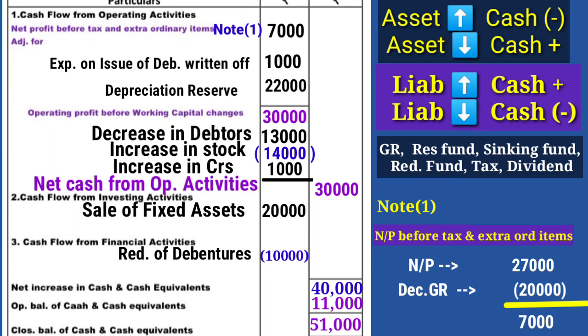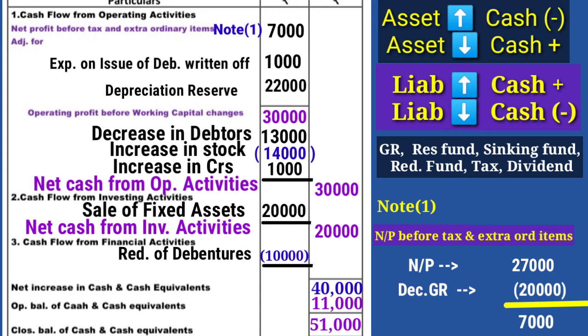Then cash flow from investing activities, only one item, sale of fixed asset 20,000 plus. This is the net cash from investing activities. Then in the third category, redemption of debenture minus 10,000, only one item. This is the net cash from financing activity.